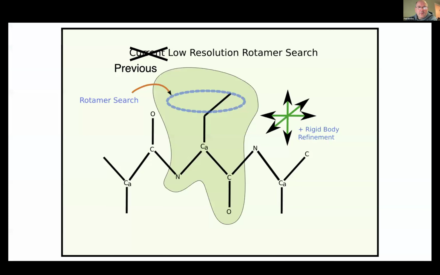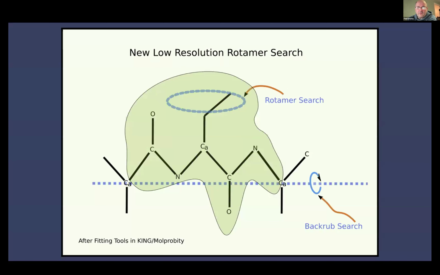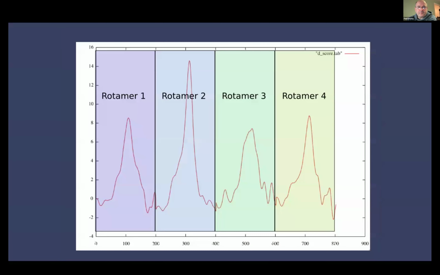So I won't spend too long on this. It used to split the residue along the main chain. It turned out this was a mistake. If we use the formalism of the Richardsons' team, called the backrub, which used to also be the name for Google before it was Google, we can then use this mechanism to find high probability rotamers in low resolution maps.